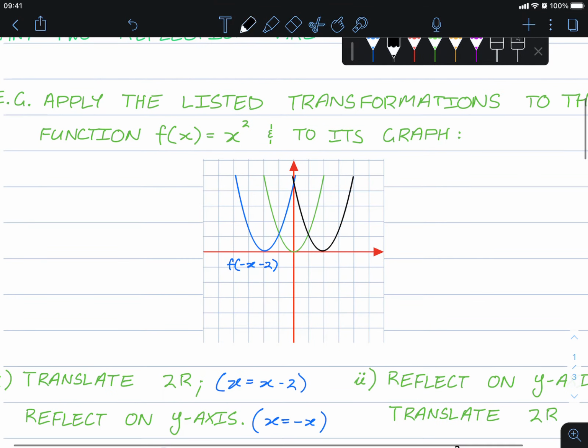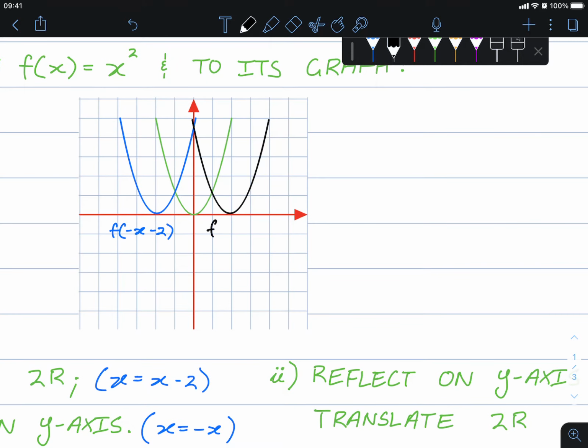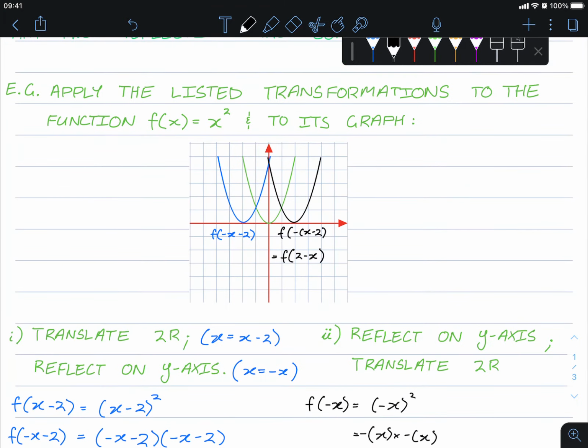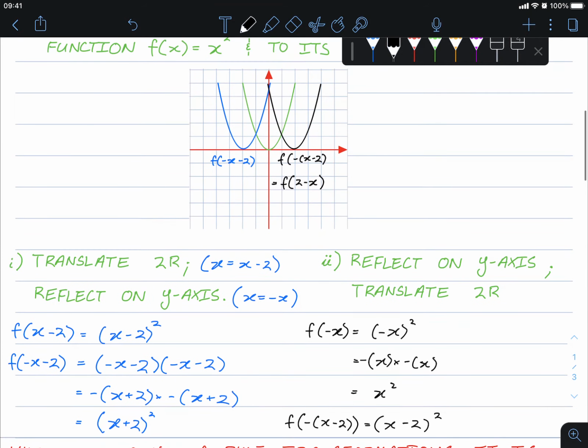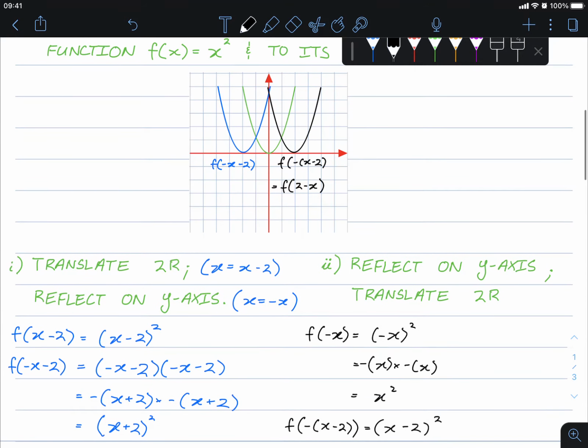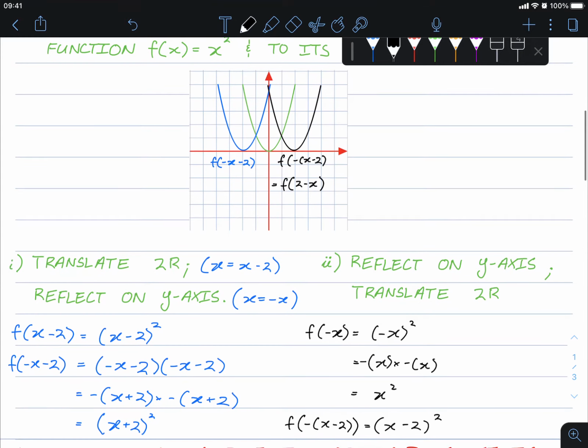So that there is f of minus x minus 2, which if we were to write that in, that's f of 2 minus x. So these two are not the same. So depending on what order we do transformations in, it'll change the end result.